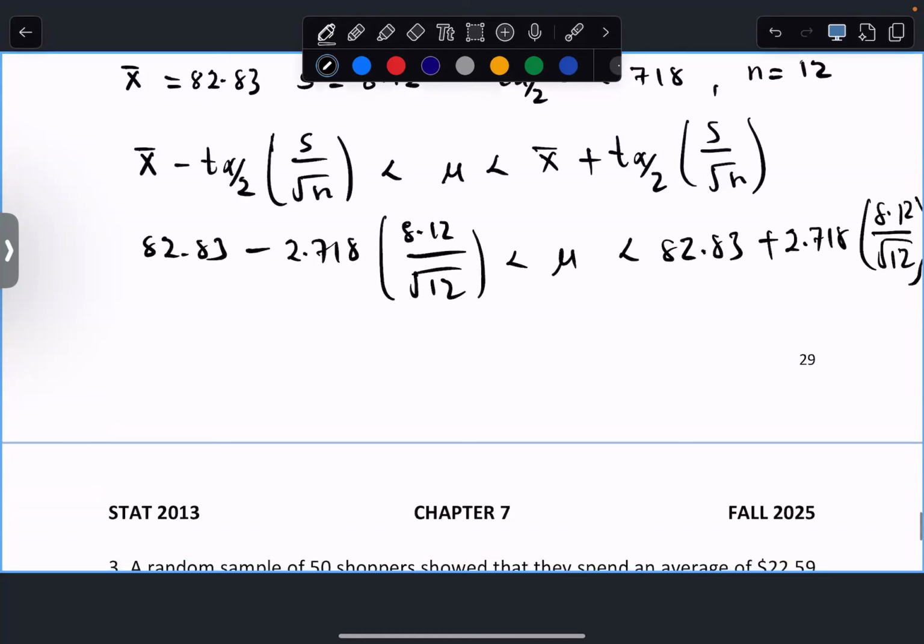If you solve this, you end up with 76.4589 less than mu less than 89.201. So this is your confidence interval.